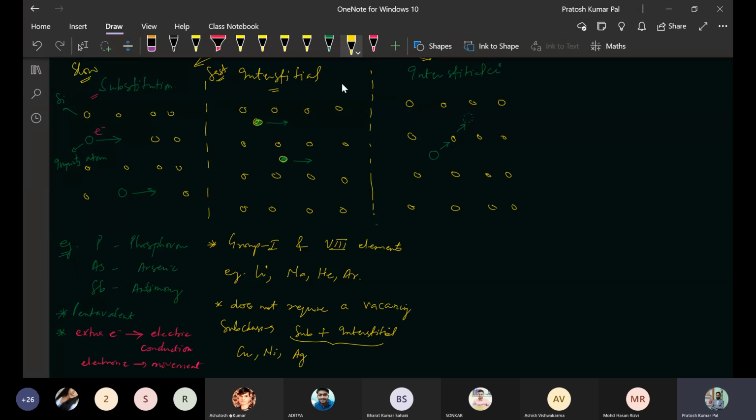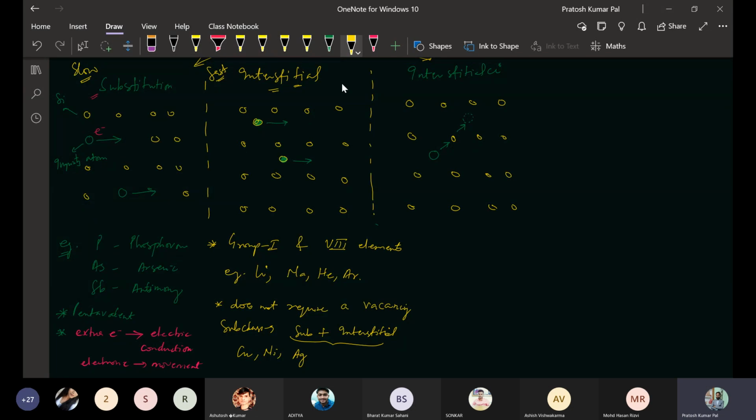So this combined type of defect comes under the interstitial only, because interstitial is more influential with respect to the substitution, because it is faster. The diffusion because of the substitution method becomes negligible, so it comes under the interstitial type of diffusion only. The examples of elements that show this combined nature of substitution and interstitial diffusion are copper, nickel and gold.